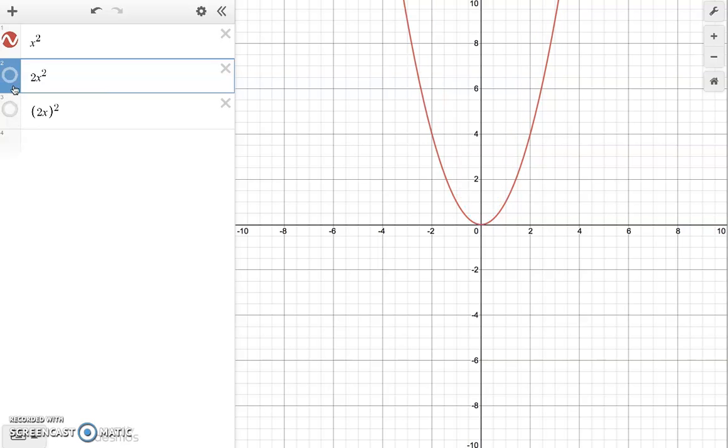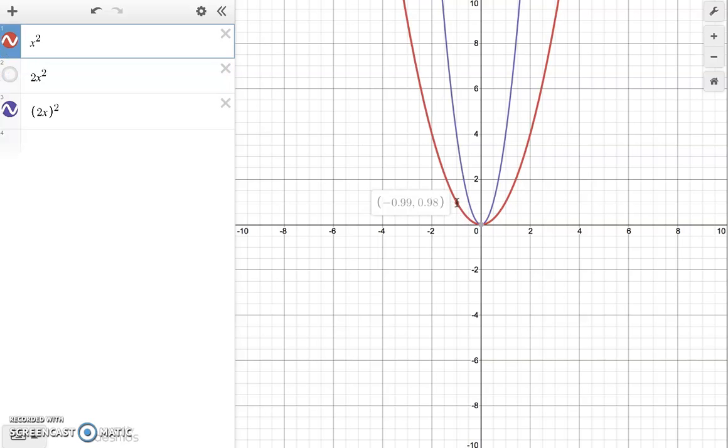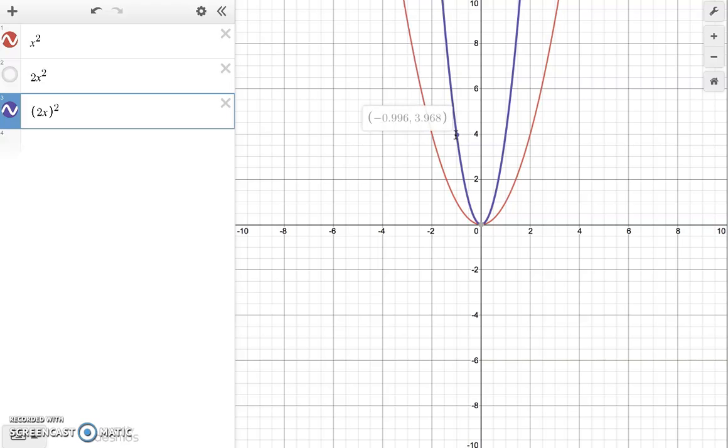Now, what if we were to put a horizontal compression? That is the 2 on the inside, so we have the quantity 2x squared. Well, this one, if we look at our 1, 1 value, our -1, 1, we can see that the y value is 4 times that.